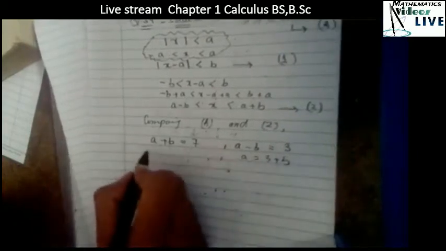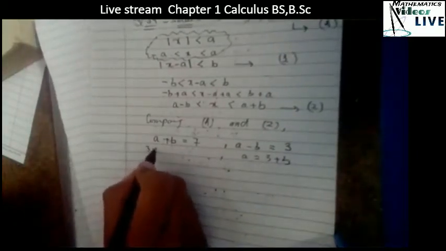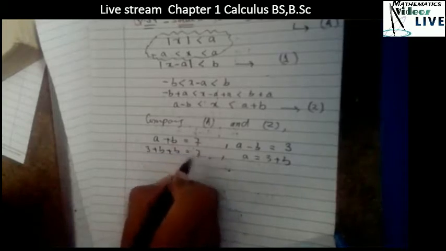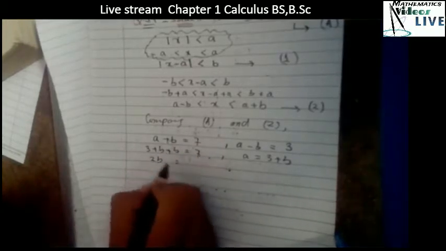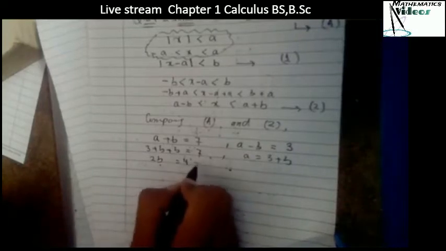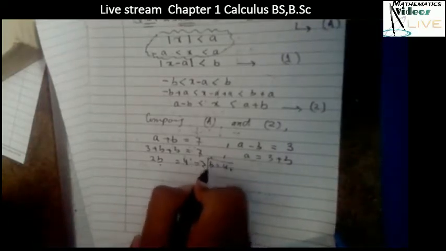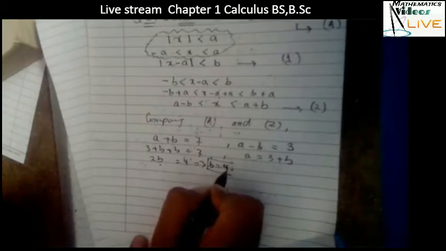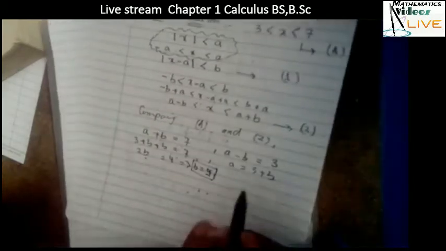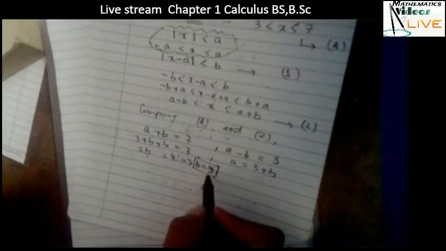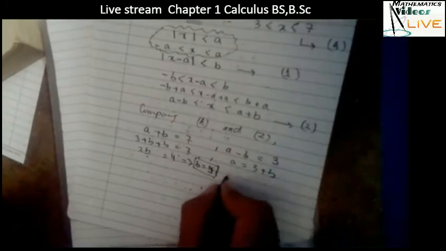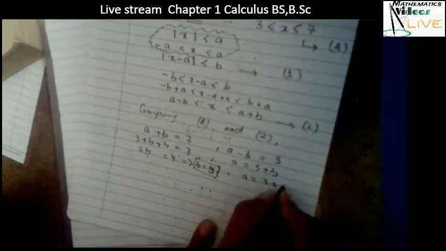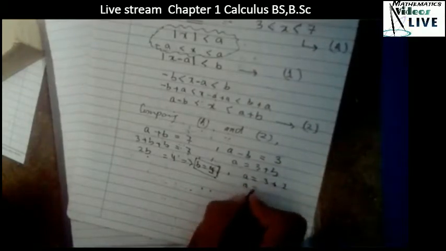Put this value of a into this equation, you get 3 plus b is equal to 7. This means 2b is equal to 7 minus 3, which is 4. That is, b is equal to 4 divided by 2, this is 2. So b is equal to 2. Put this value of b here, you get a is equal to 3 plus 2, that is a is equal to 5. So you have found the values of a and b by solving these equations simultaneously.